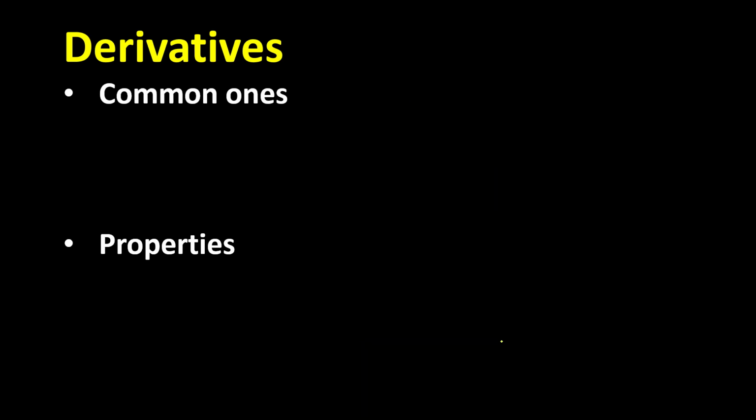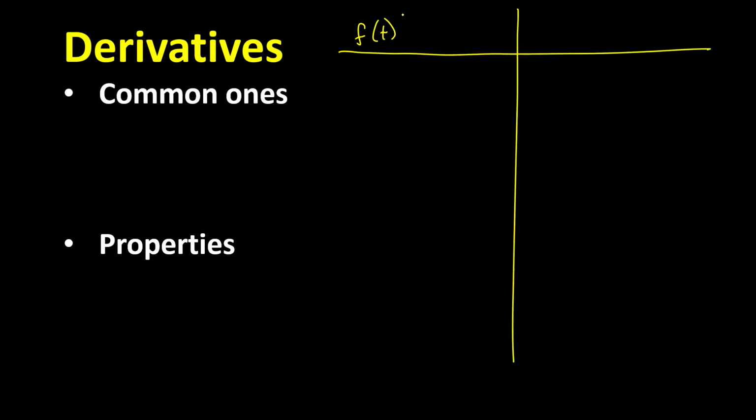Now when you took calculus, you learned how to take the derivatives and integrals of a huge array of functions. Luckily, there's only a few that are common in electrical engineering. One of the first ones that is common is a constant. We'll call it C. If you were to graph it, it doesn't change.